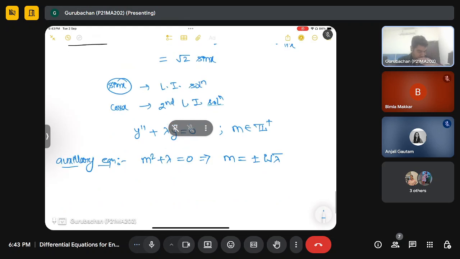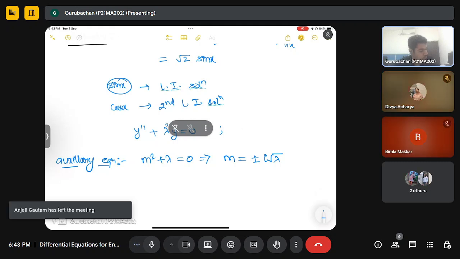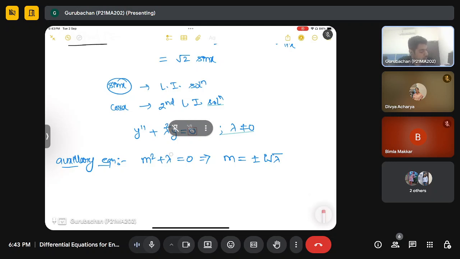Okay, sorry. In this scenario, we may also write lambda square, where lambda is some non-zero, so obviously it's going to be positive. So lambda is any positive number. This will give you m equal to plus minus iota under root lambda.